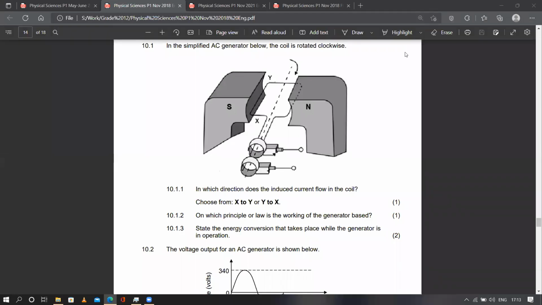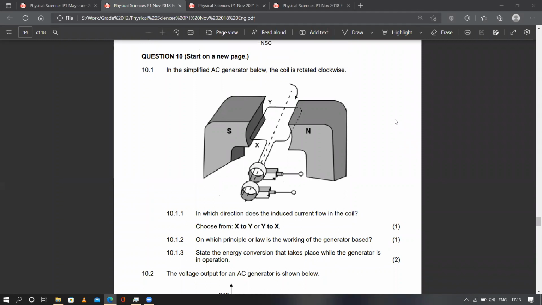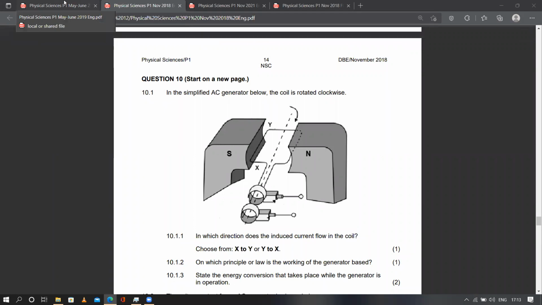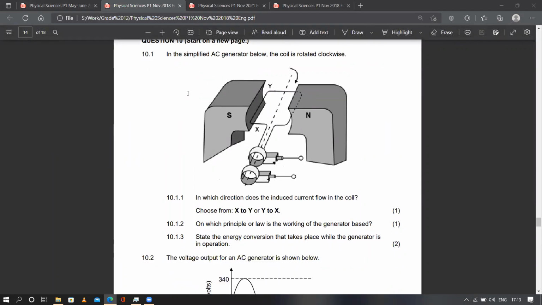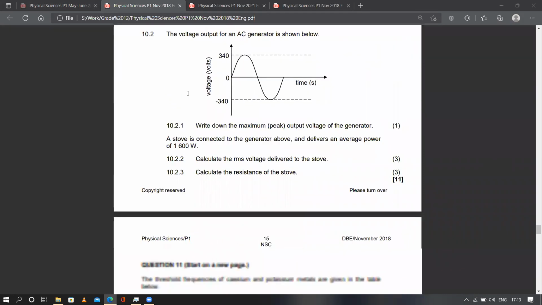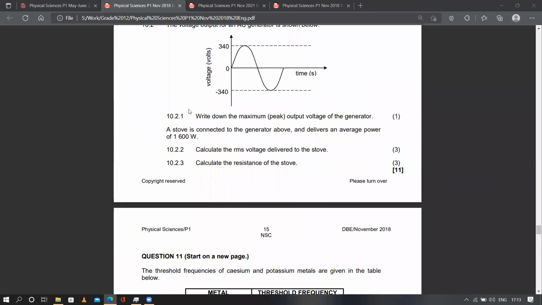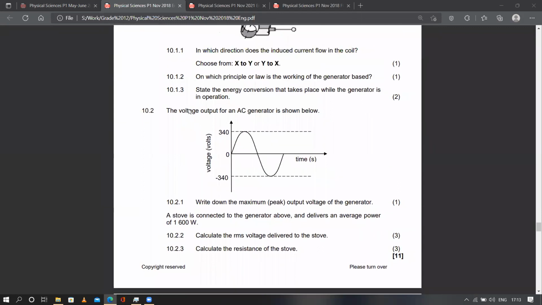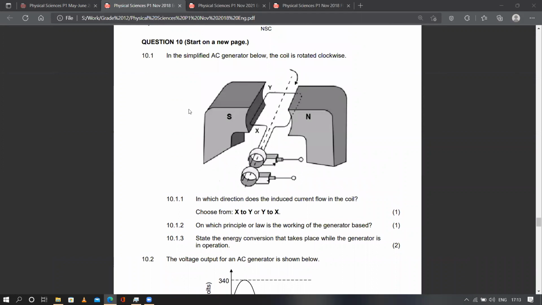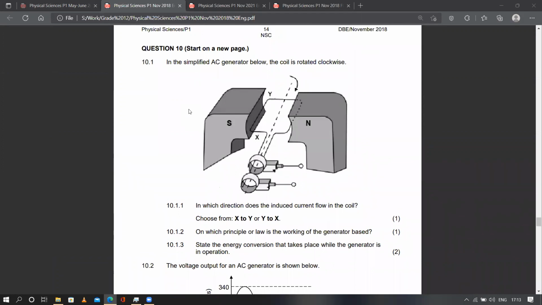So we're gonna do question 10 from November 2018. And I think we'll still have enough time because this is a very short question. And you said we should only do generators and motors, right? Yes, sir.